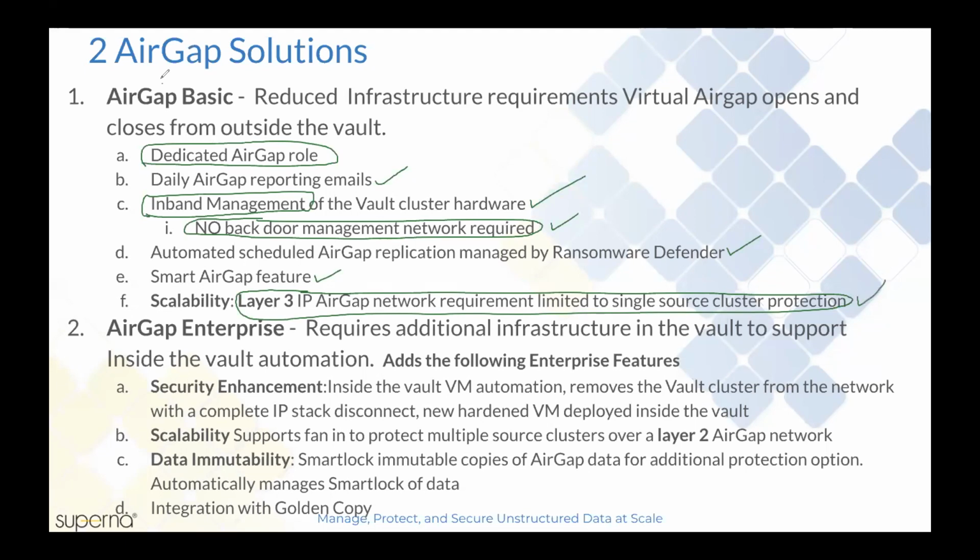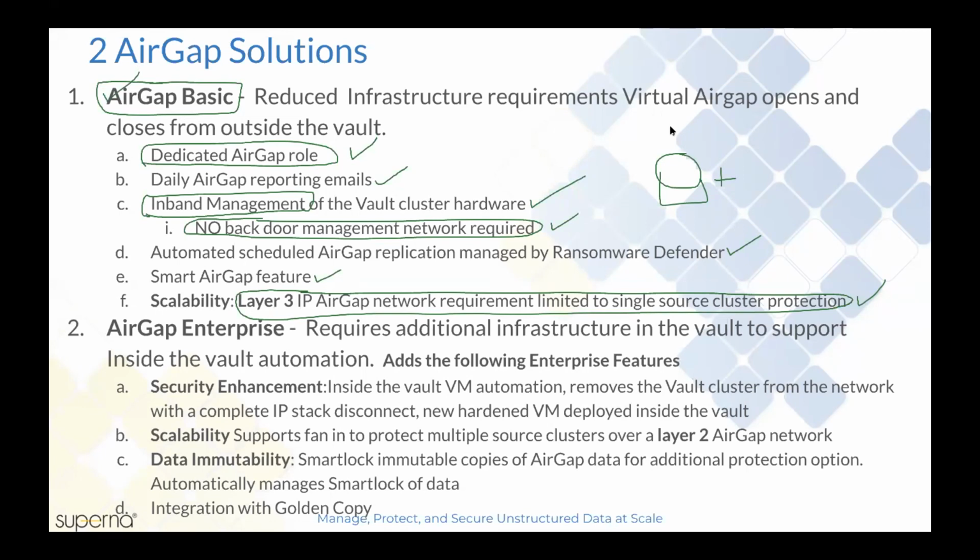The license for this is already in any Ransomware Defender license that you already own. So what are you missing? Well, you're missing the license for the Vault cluster, which is just a standard Eyeglass DR license for that Vault cluster. Then there's a professional service, but that's it, because every ransomware customer has the AirGap license.